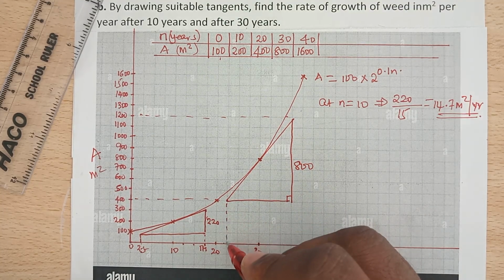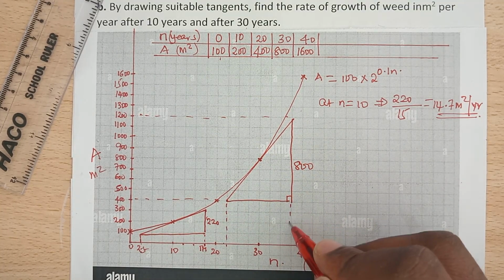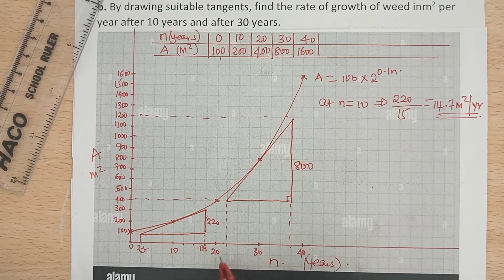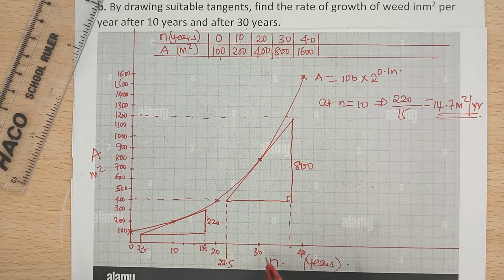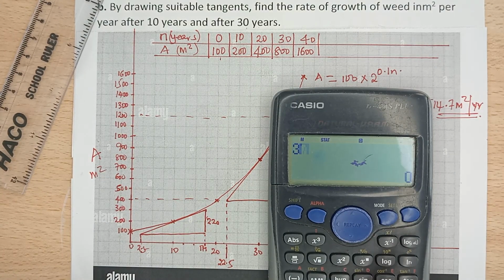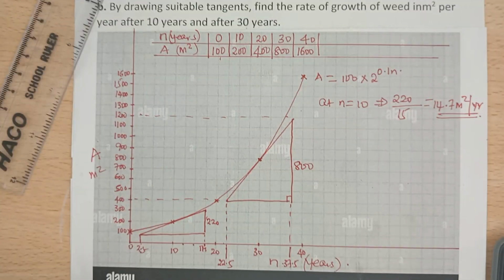What about the run? This minus this. This is 22.5, as you can see. And this is 32.5, 35, 37.5. So 37.5 minus 22.5, we have 15.